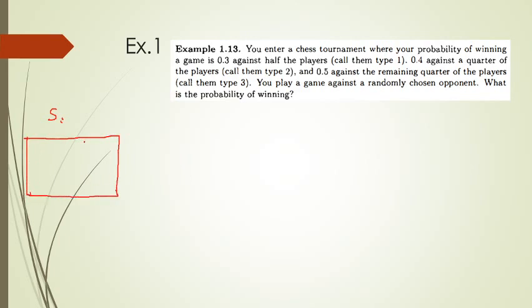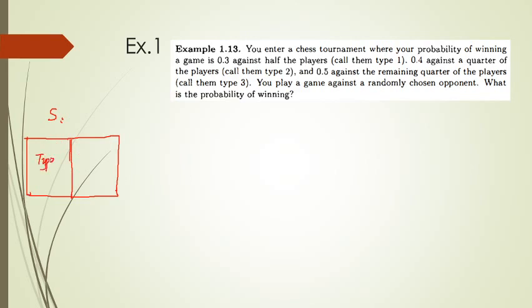So for all the players, you can divide them into several types, right? You will notice that this is half of the players, which means 50% of the players. So 50%, you call it type 1.